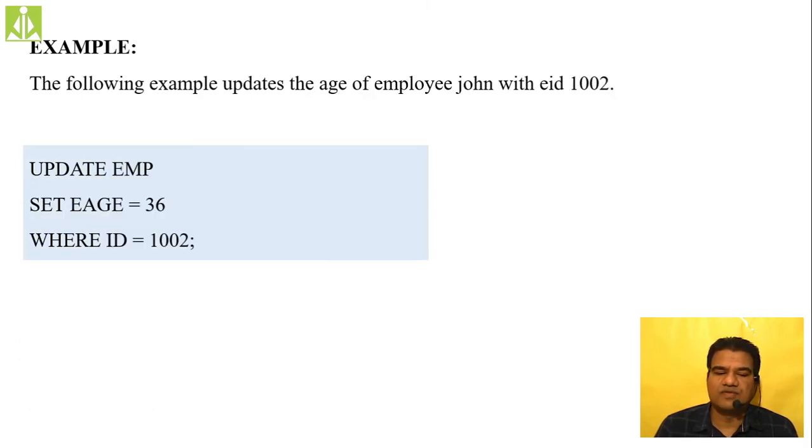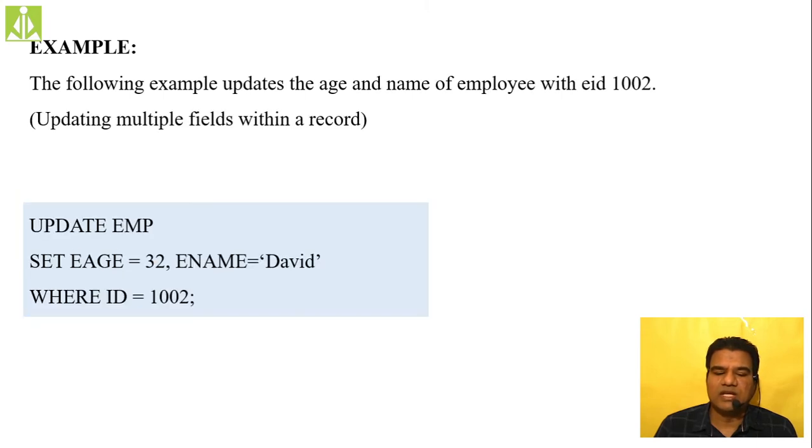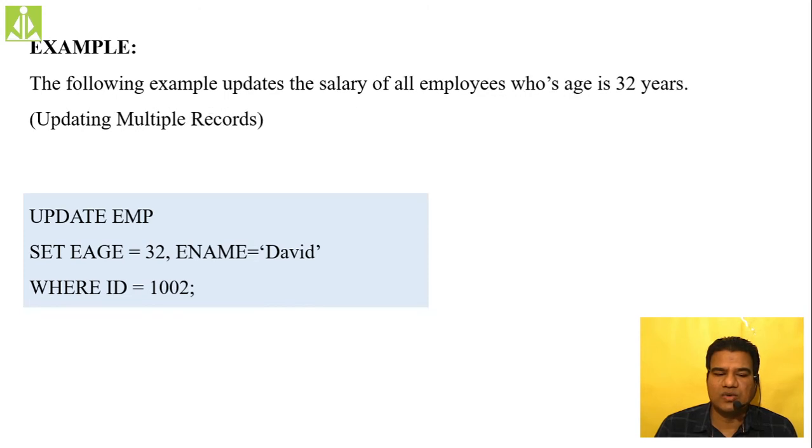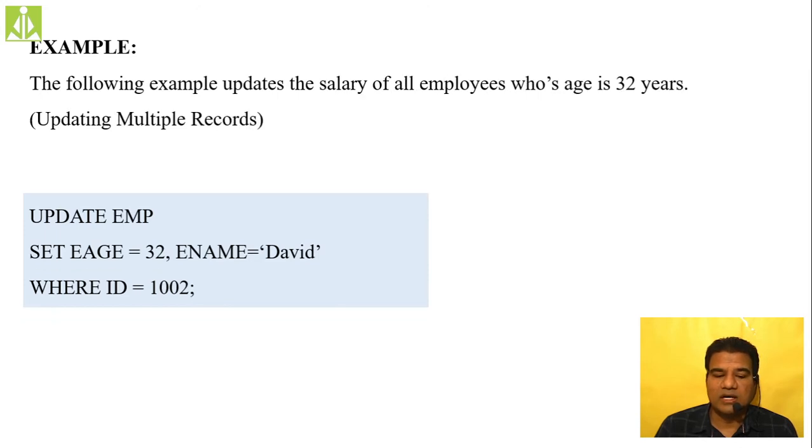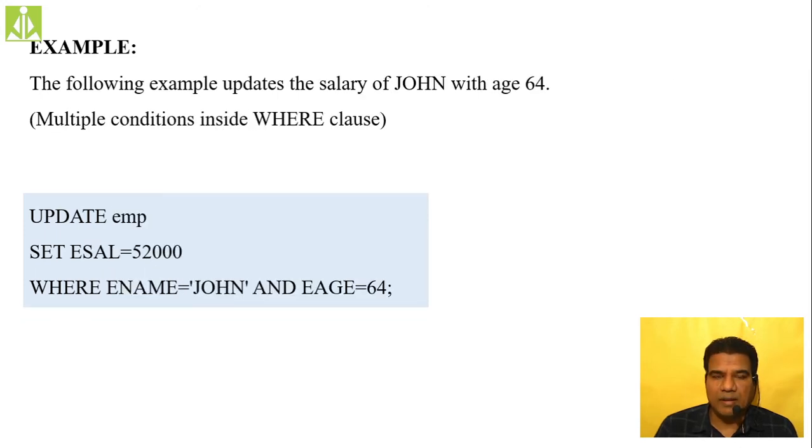The examples I have shown: how we can change the age of a particular employee where ID is so and so, how we can change the name and age of a particular employee where ID is so and so. Likewise, we have seen different examples related to the update command.